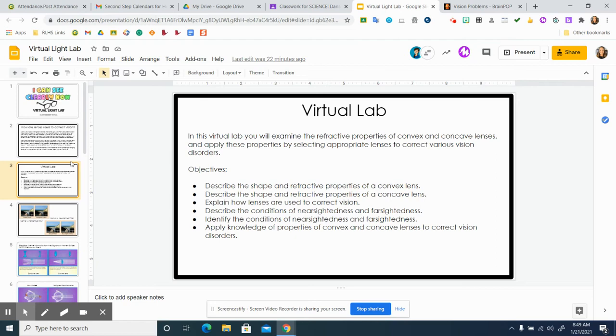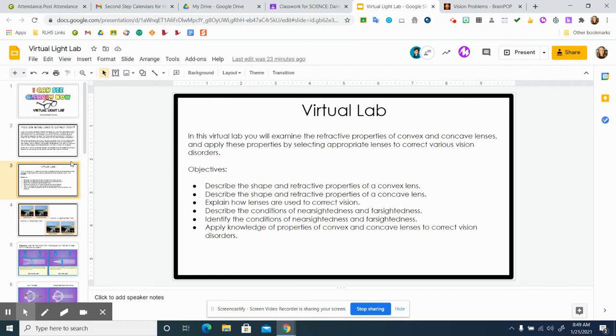In this lab, you examine the refractive properties of convex and concave lenses and apply these properties by selecting appropriate lenses to correct various vision disorders. So some of the objectives of this lab are to describe the shape and refractive properties of convex and concave lenses, explain how lenses are used to correct vision, describe conditions of nearsightedness and farsightedness and be able to identify them, and apply the knowledge of properties of convex and concave lenses to correct vision disorders.